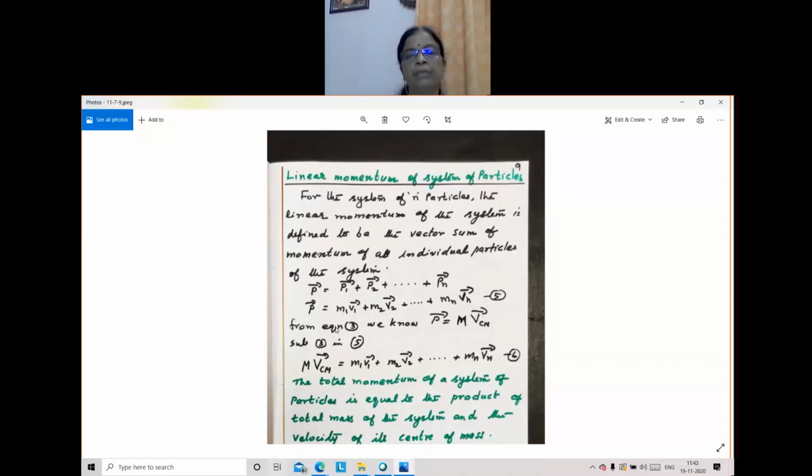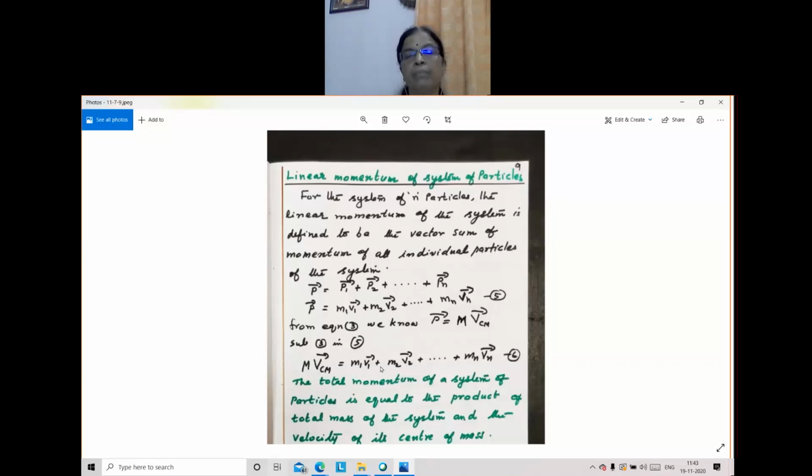So instead of finding the total momentum of all the particles in the system, we just define the momentum of the center of mass. Both are equivalent. So the total mass is considered concentrated at that point. We are considering the total mass of the body is concentrated at the center of mass. So total mass into velocity of center of mass will be equal to what?